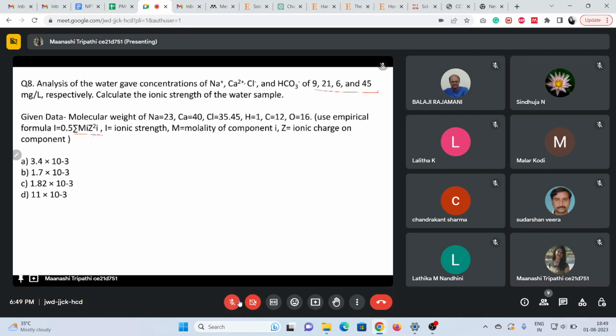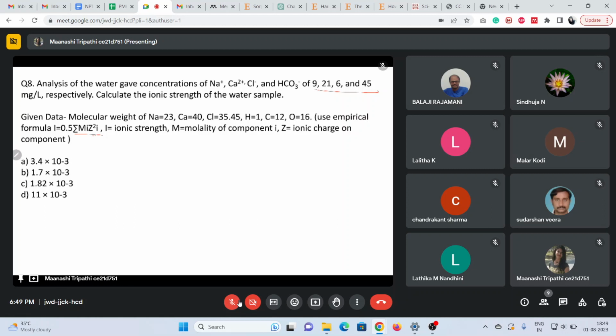Let's see the solution now. It's better to do such questions in the form of a table. Ionic strength is the sum of Mi Zi square. Z is the valency, and M is the molarity of the component, so mass divided by molar mass.